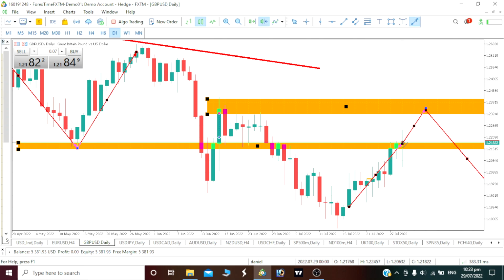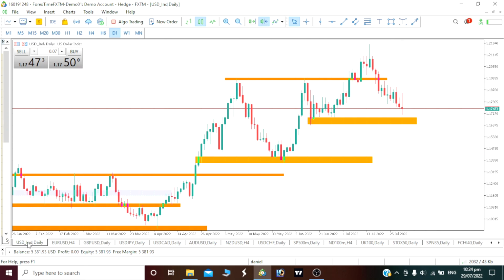Probably once our price opens, we will start seeing that fall, or our pound to our USD will give us a little bit of a bullish move, then a fall. That is exactly why I'm saying we'll be seeing a fall anytime soon on our pound USD, but it depends on when.